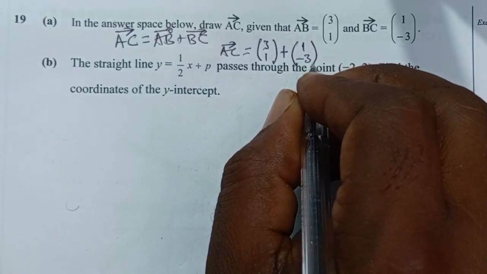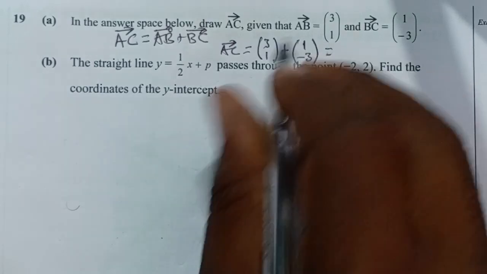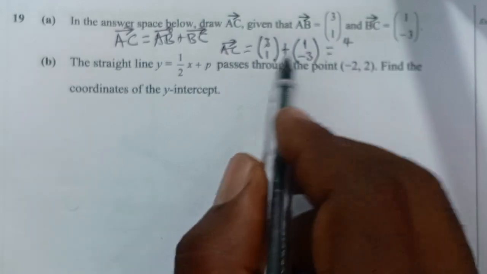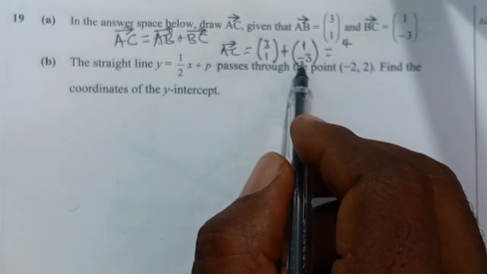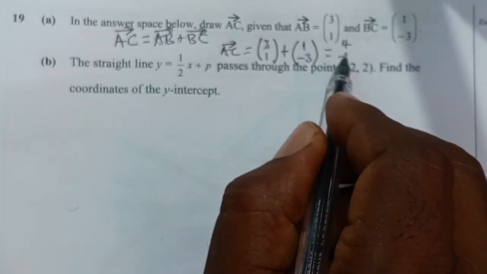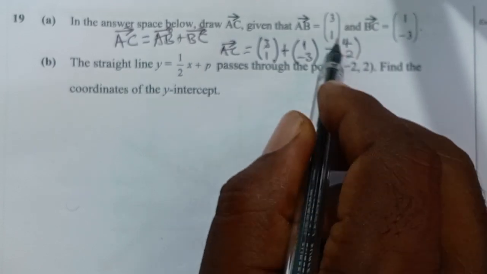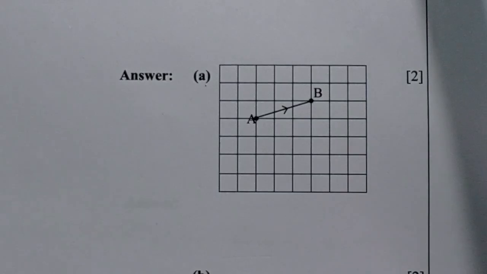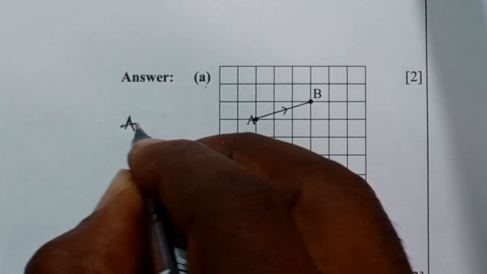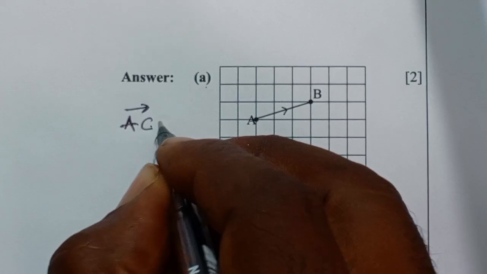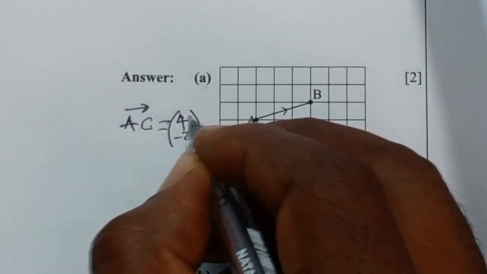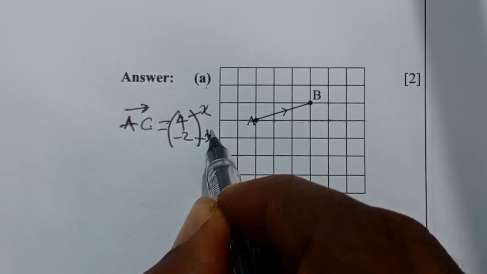In this case, we are going to add 3 plus 1, that is 4, and 1 plus -3, that is -2. So this is vector AC. So vector AC is (4, -2).